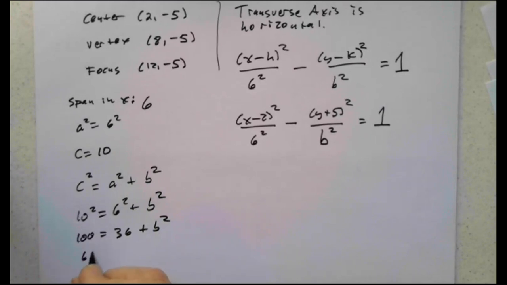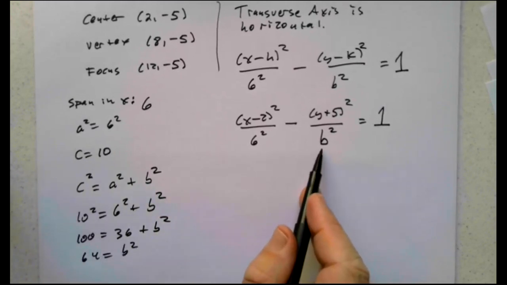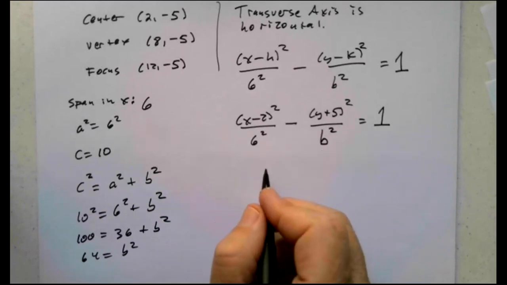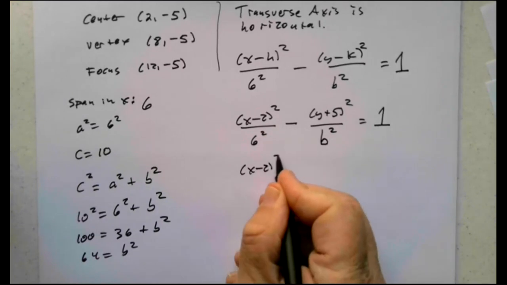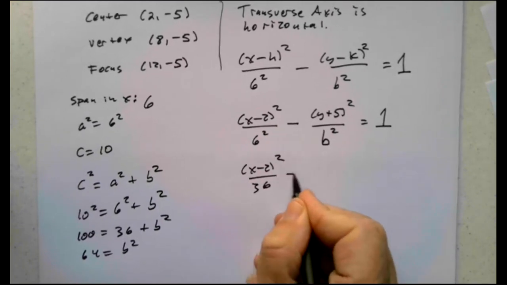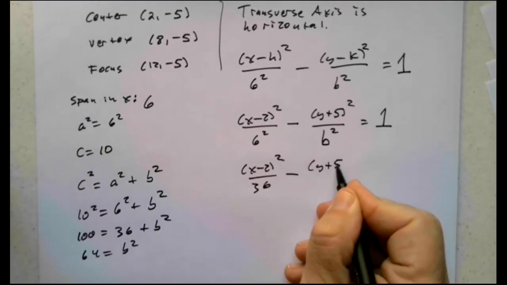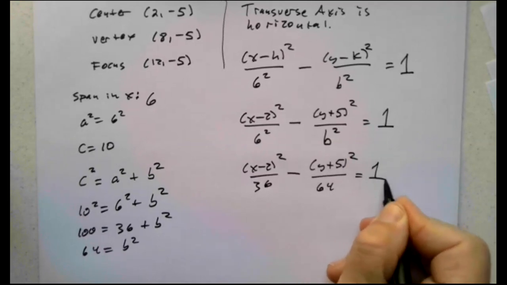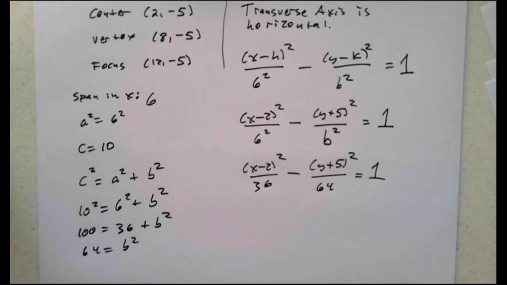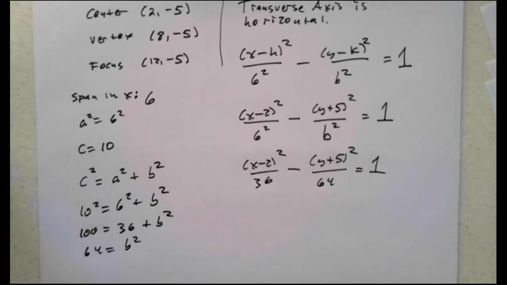Subtracting 36, 64 is b squared. So the span in y would be 8. So what I get is x minus 2 squared over 36 minus y plus 5 squared over 64 equals 1. Let's see if we can do some analysis with that.